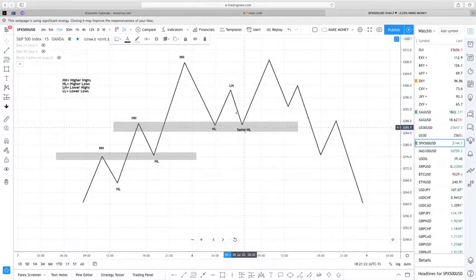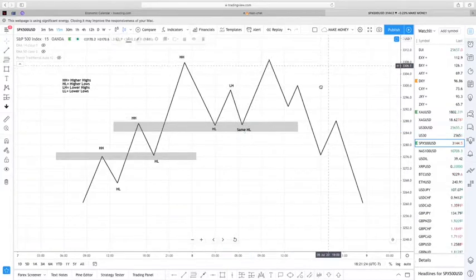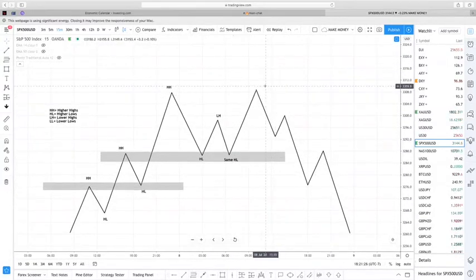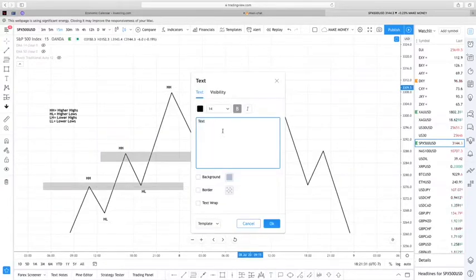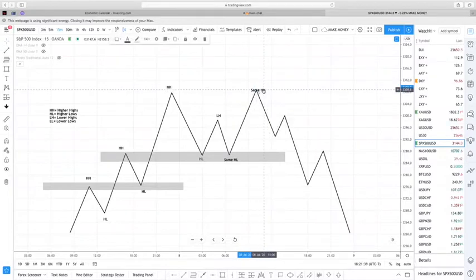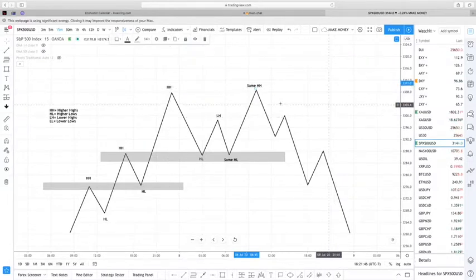So after this, price decides to go back up. And what did price do up here? It created the same higher high. So this same higher high is somewhat equal to this higher high, okay?